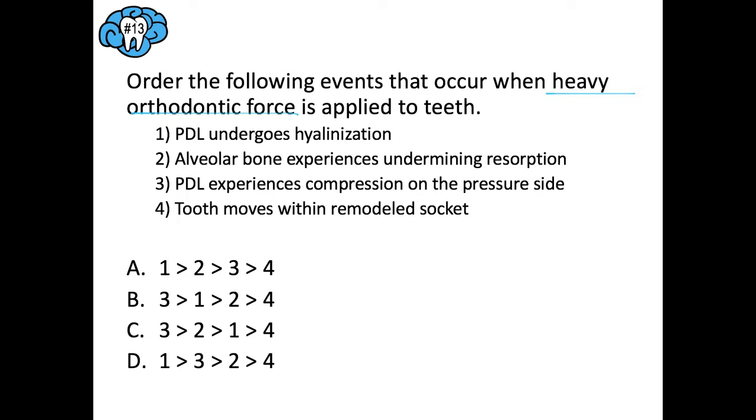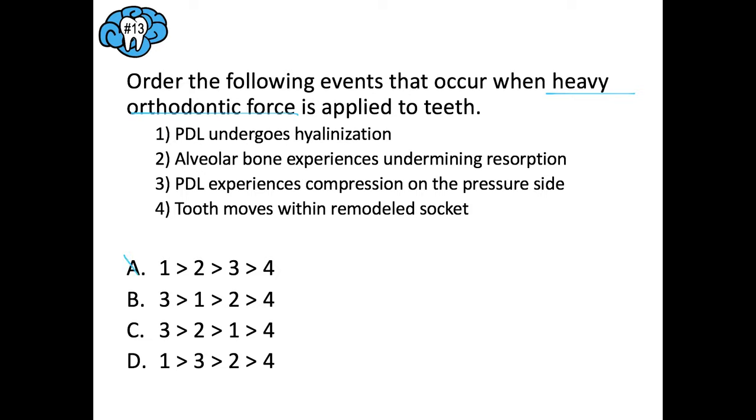So light force and heavy force are slightly different, so we have to make sure that we're thinking in our minds that right column that I had in that presentation on biology of tooth movement, and thinking through those rows of events. So the first thing that happens is the PDL is compressed on the pressure side and is stretched on the tension side. So that is certainly going to come first. So we're definitely looking for 3 being the first one.